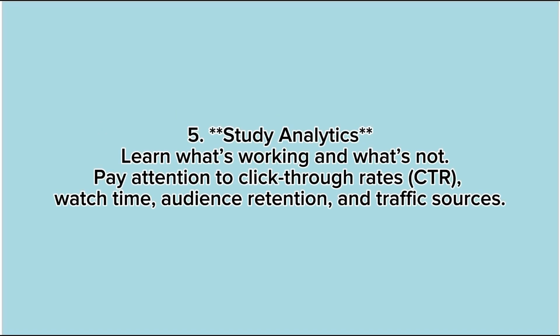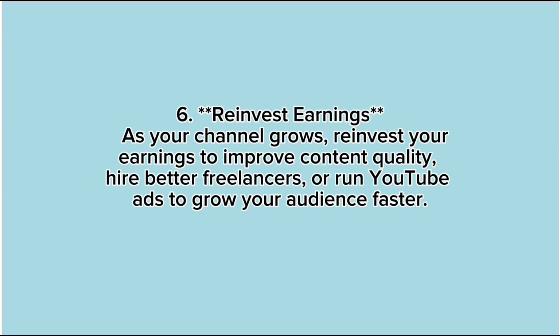Study analytics. Learn what's working and what's not. Pay attention to click-through rates, CTR, watch time, audience retention, and traffic sources. 6. Reinvest earnings. As your channel grows, reinvest your earnings to improve content quality. Hire better freelancers or run YouTube ads to grow your audience faster.